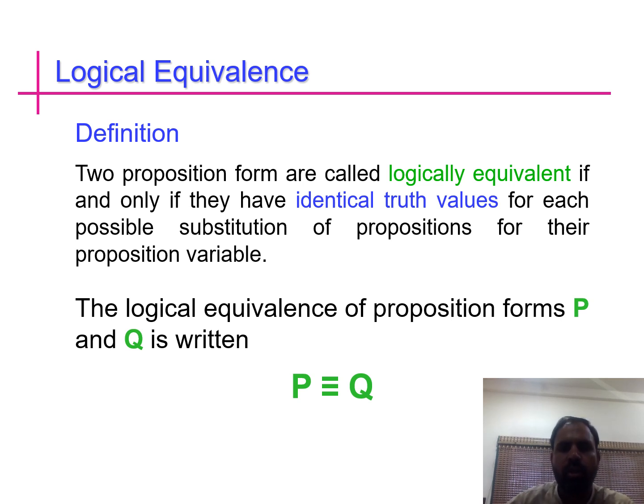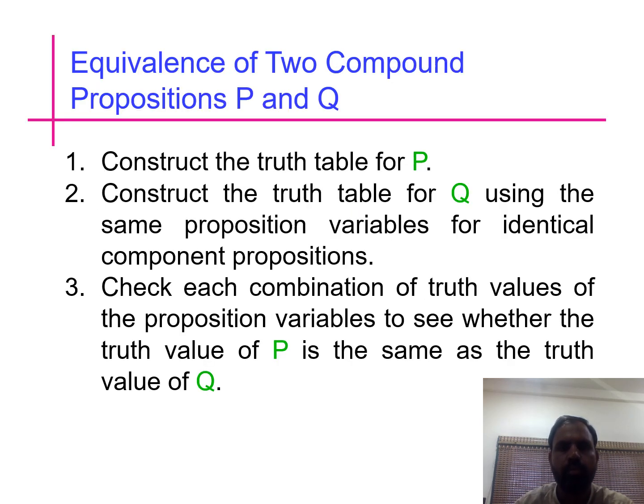The logical equivalence of proposition forms P and Q is written P equivalent to Q. You can also read this in any statistics course. So the equivalence is always written in this form, for two compound propositions P and Q.